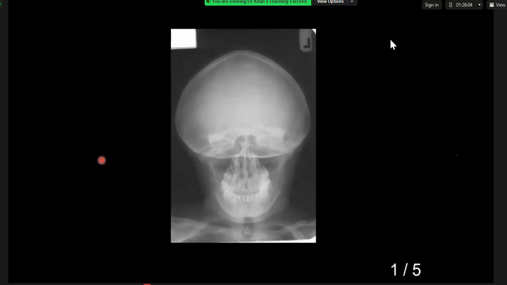The clavicles are normal in shape. I can't really appreciate the rami of the mandible very well, but maybe it's just an over-penetrated film.